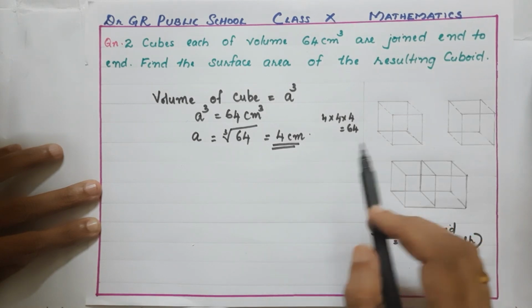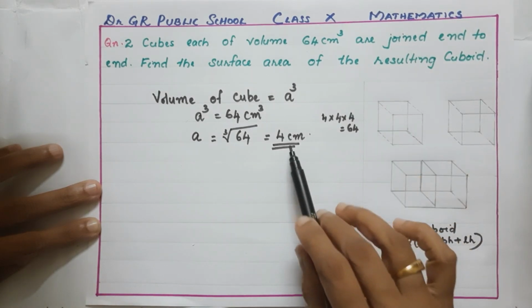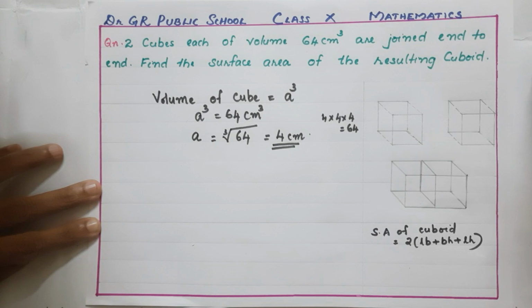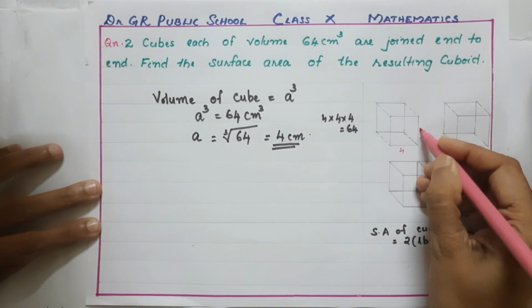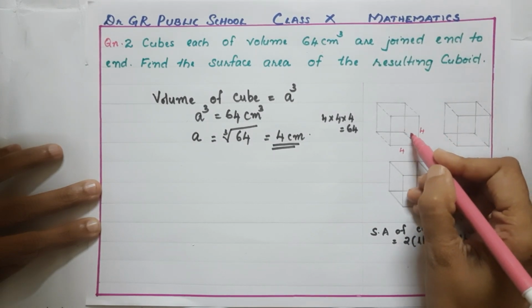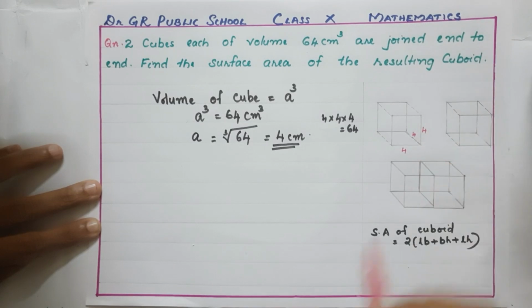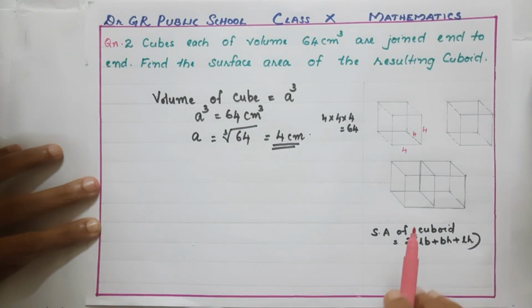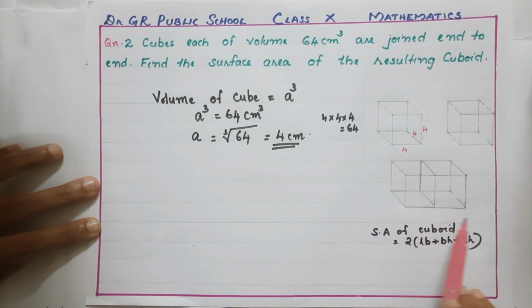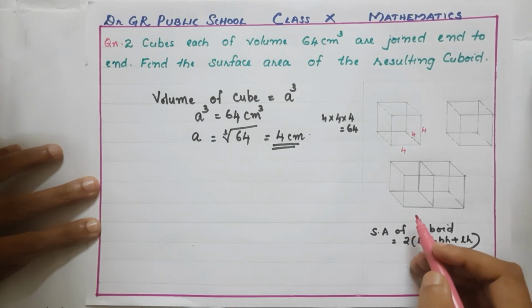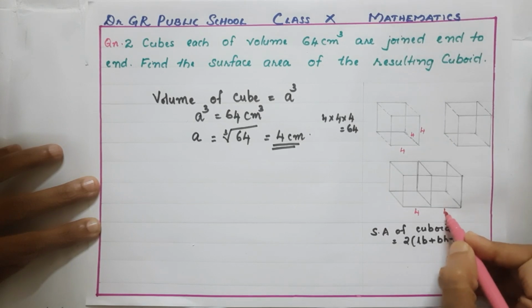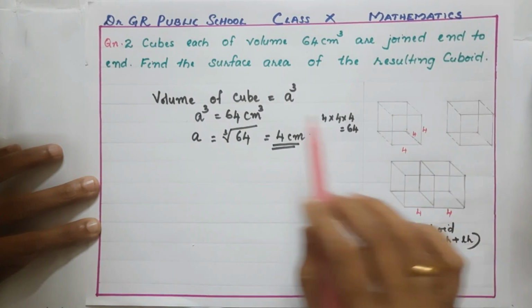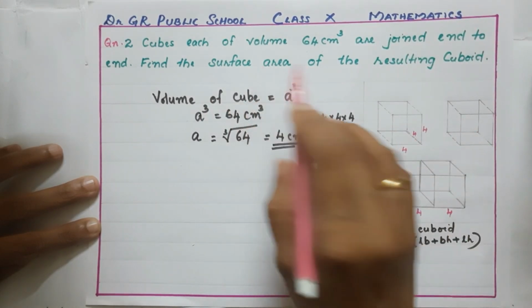So what can we say? You know all the edges have the same measurement because it is a cube. So if this is 4 centimeter, everywhere it is 4 centimeter: length, breadth and everything. Now what is the length of this cuboid? This is 4 and this edge is also 4, because both the cubes have the same volume.